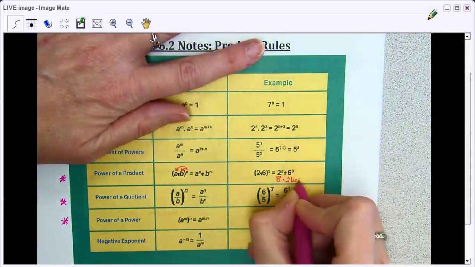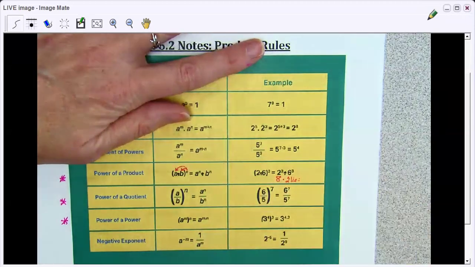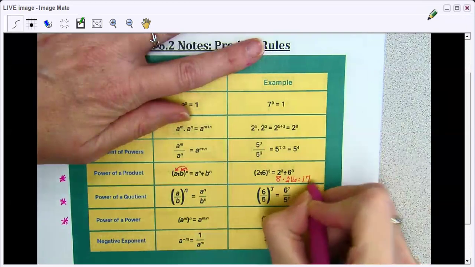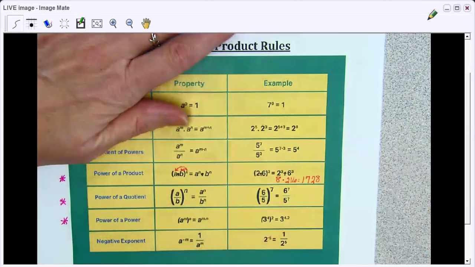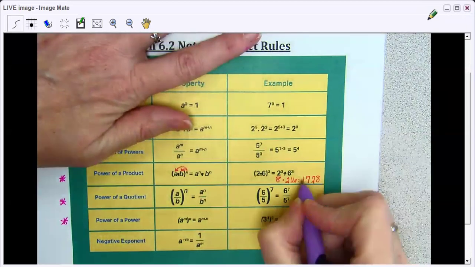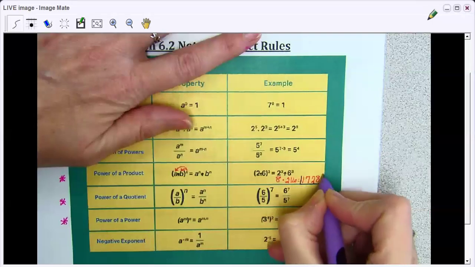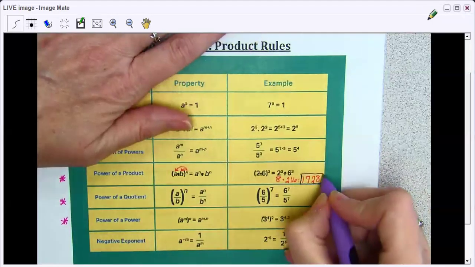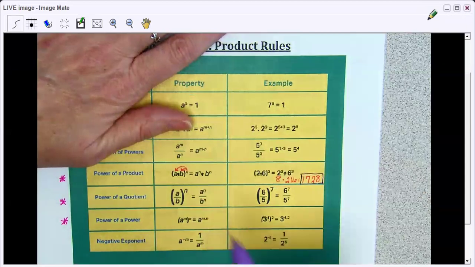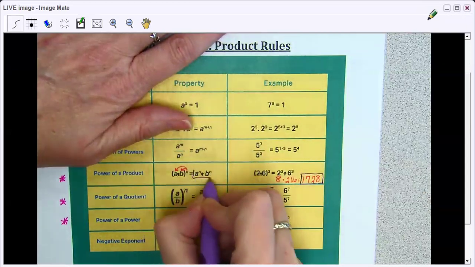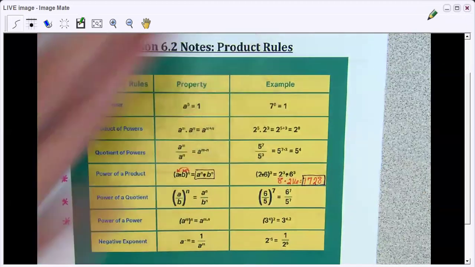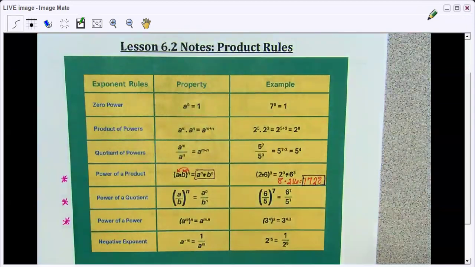On your homework, I would want you to multiply that out even further and get 1,728. This would be the final answer if you're dealing with numbers. If you're just dealing with variables like this, then this would be your final answer. So that's product of a power.